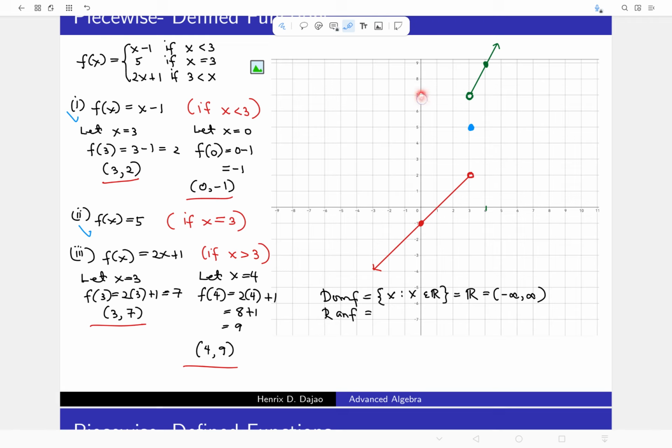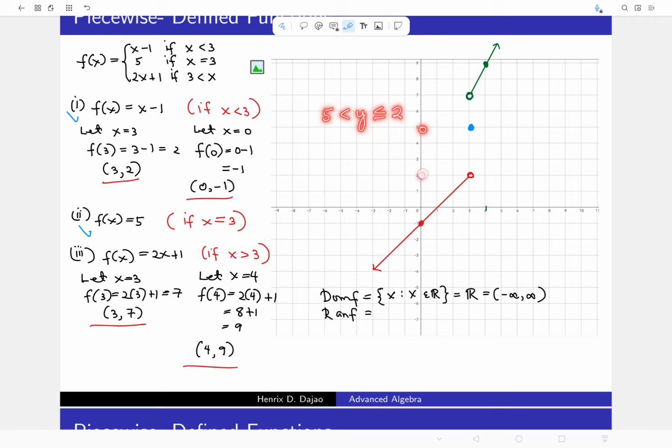Including 7, and not including 5, so meaning those y in between 7 or equal to 7 and 5 are not included in our range, and all those numbers not including 5 but includes 2.